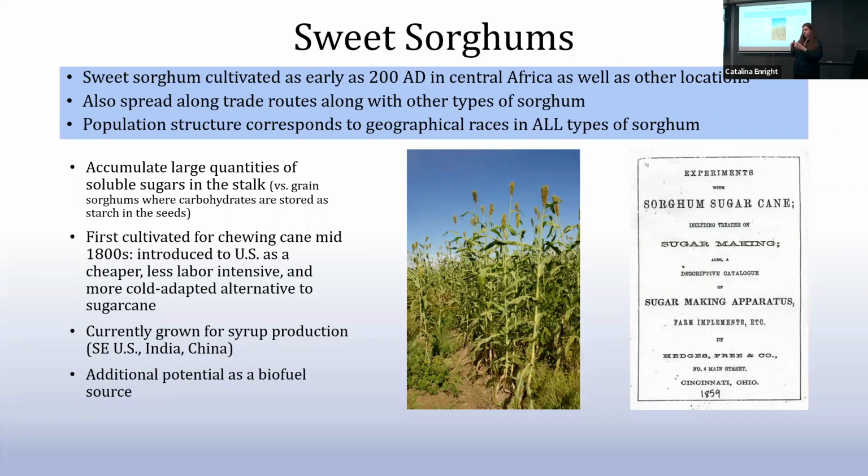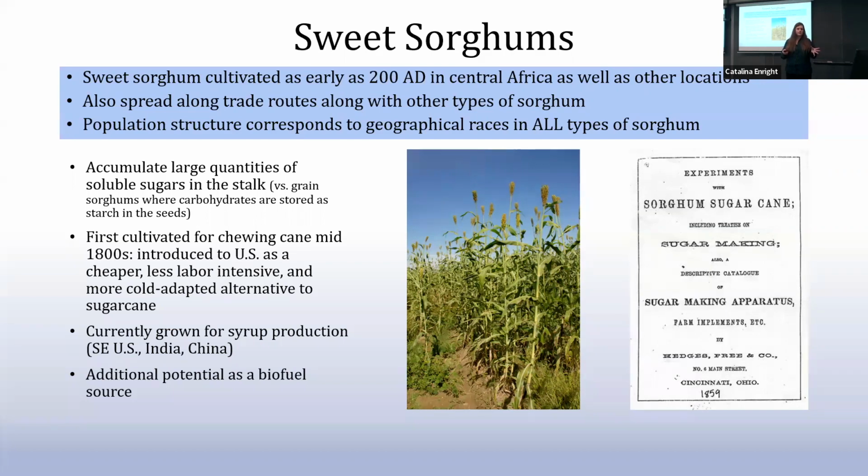And just like grain sorghum, the sweet sorghum varieties spread along the trade routes. They go east and west and south. There's now more evidence that you have multiple origins of sweet sorghum. In each of those places it ended up, some people might have started cultivating sweet sorghum from grain. So that's a parallel evolution of that type.